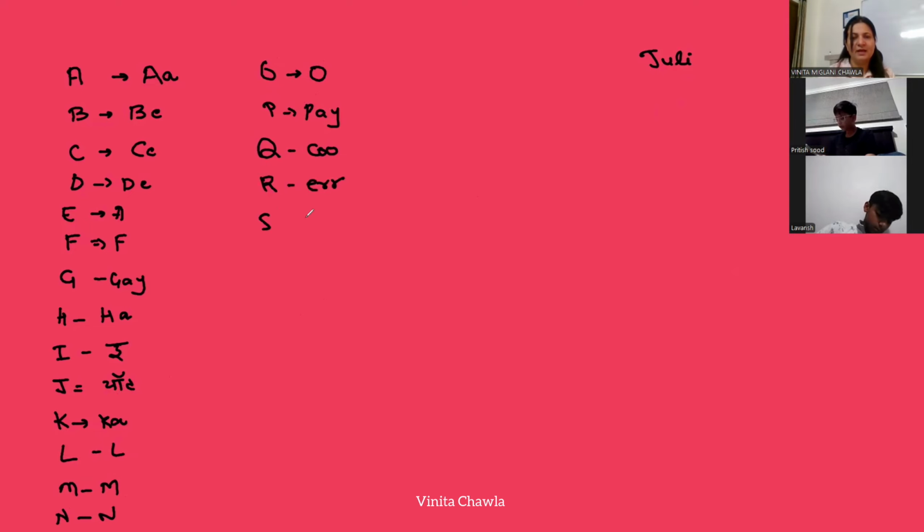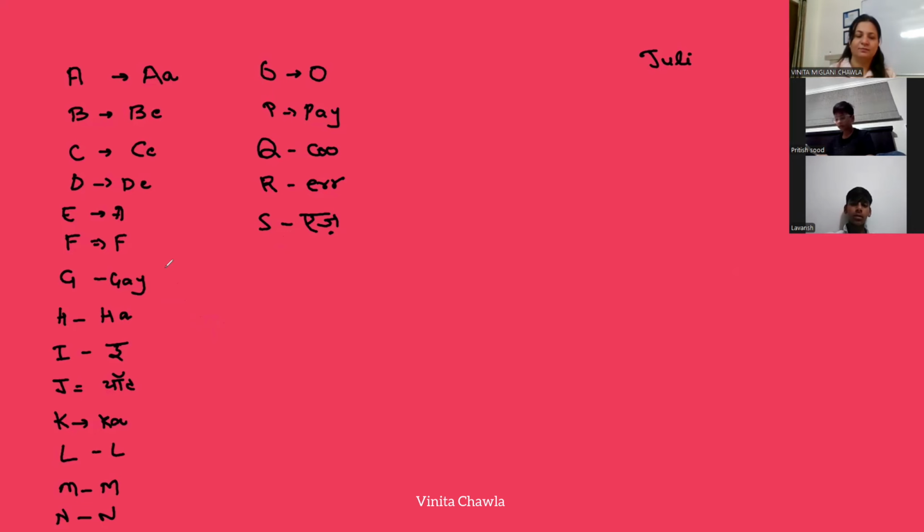S is as. I'm writing in Hindi. S is as. Like when I is I E, the sound is E. Small e. In Hindi, chota e, badi e we have, right?